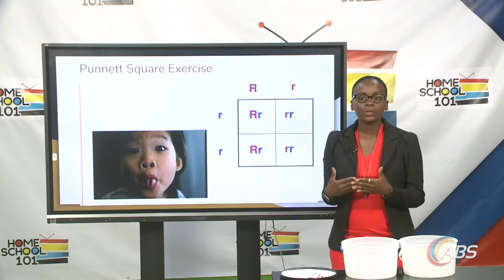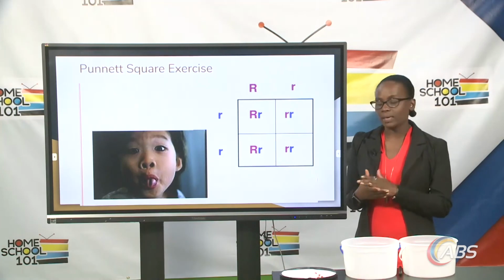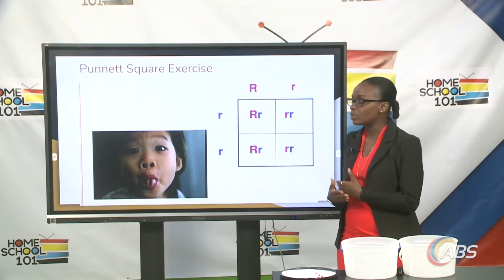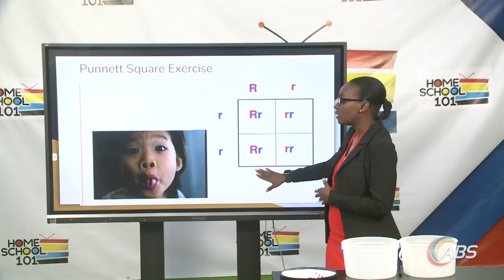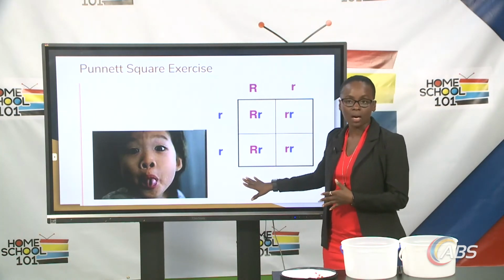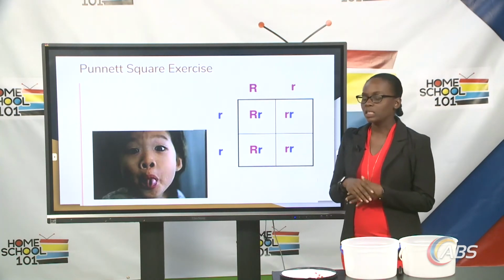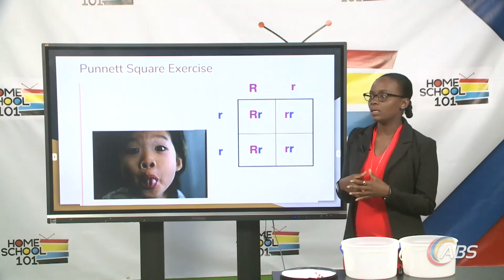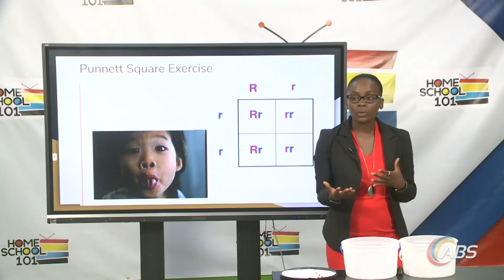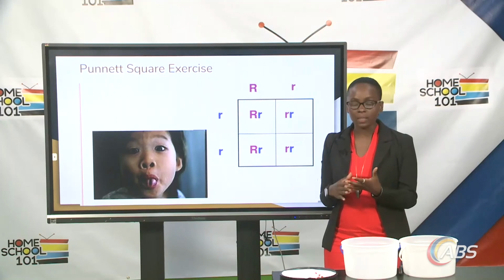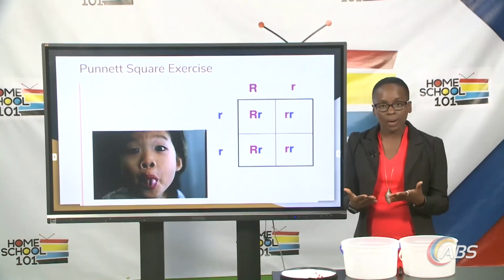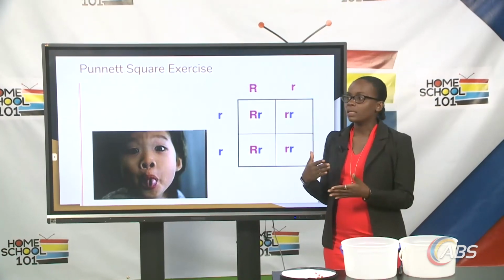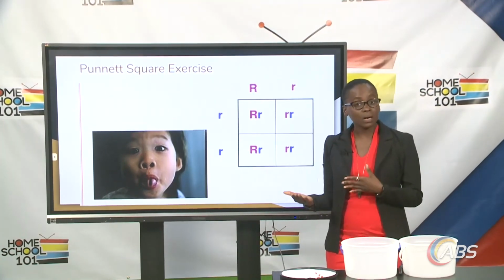All right, so for homework and for practice in your spare time when you are preparing for the CSEC examination, you can do a bit of research in your family, not only on the ability to roll your tongue, but you can look at different things. You can look at the color of the eyes in the family. Blue eyes most times are recessive to brown eyes. We can look at the texture of our hair, whether it's curly or straight.